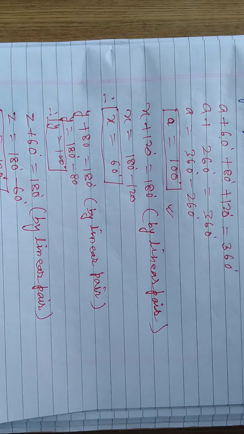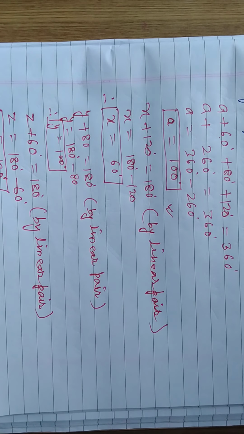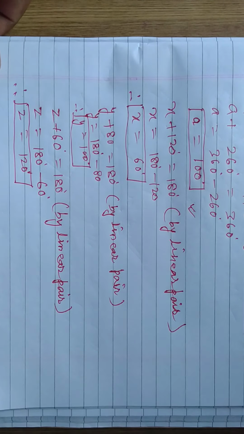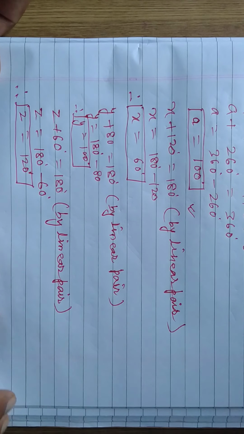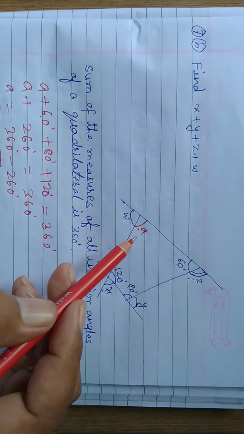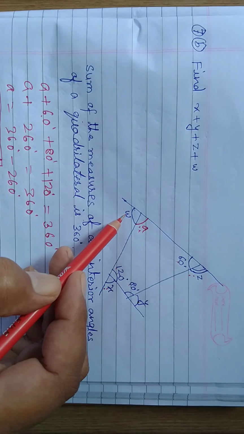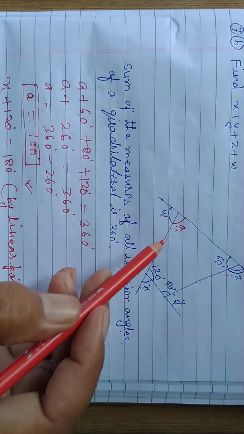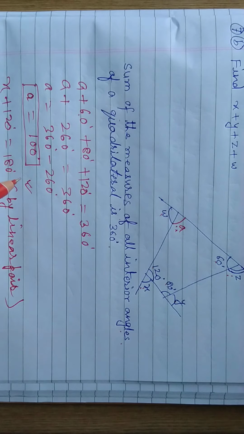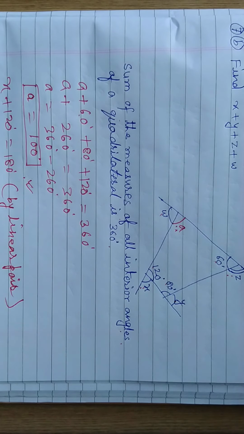Okay. So we can now find the value of W. How can you find the value of W? You see, A plus W equal to 180 degree by linear pair, and we know the value of A is 100 degree. Just we find here. Okay.